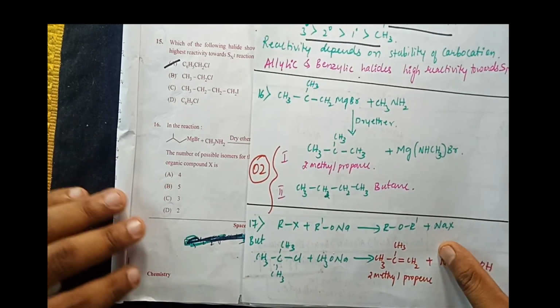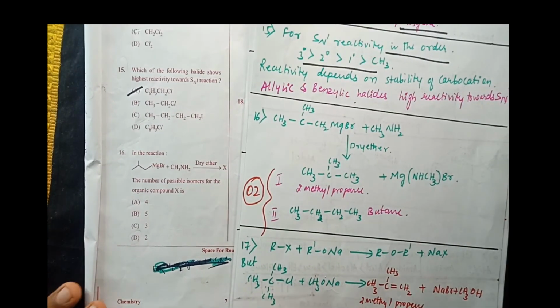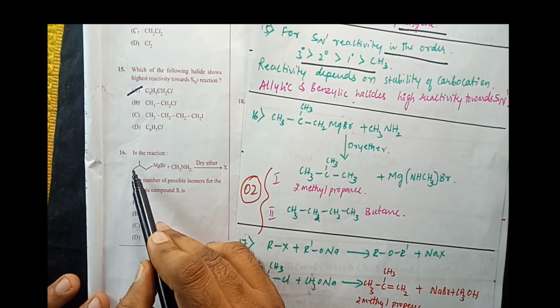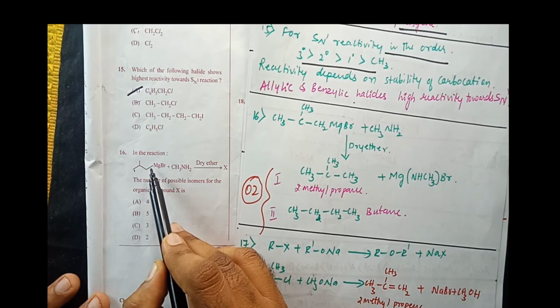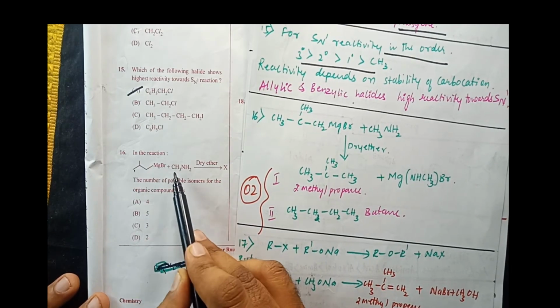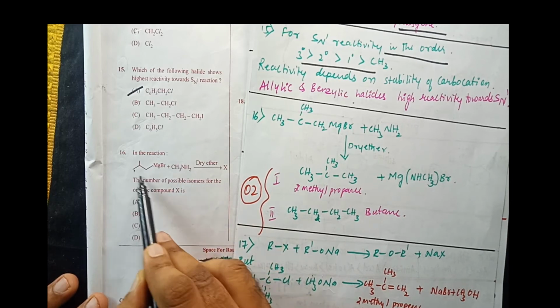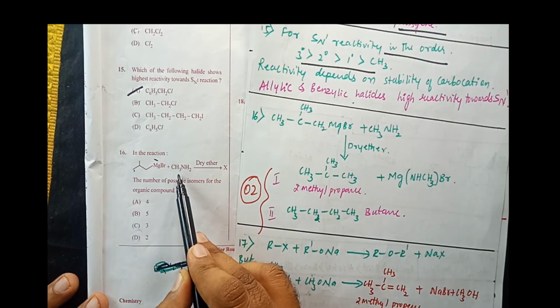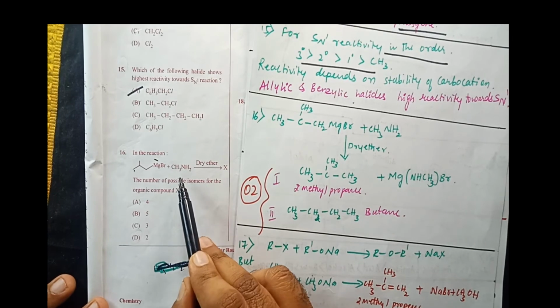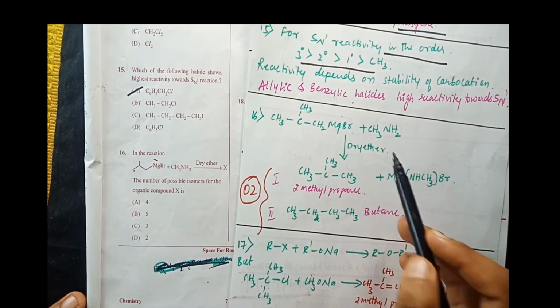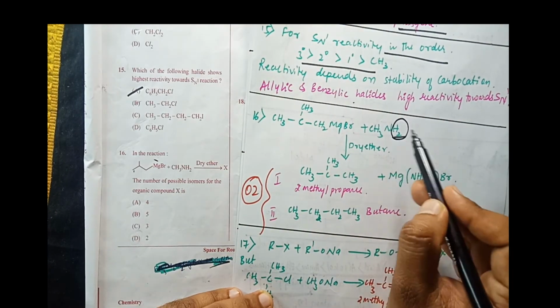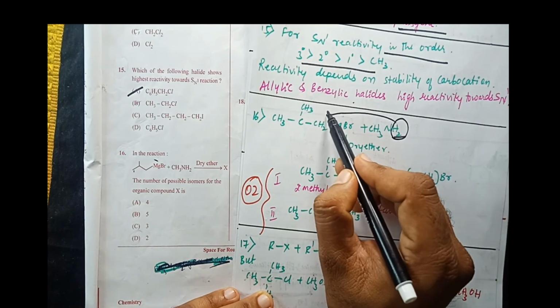The next one is the 16th question. This is CH3CH2MgBr plus CH3NH2. This is a Grignard reagent reacting with methylamine. This is the reaction, friends. Here the hydrogen of the amine goes to the CH2.